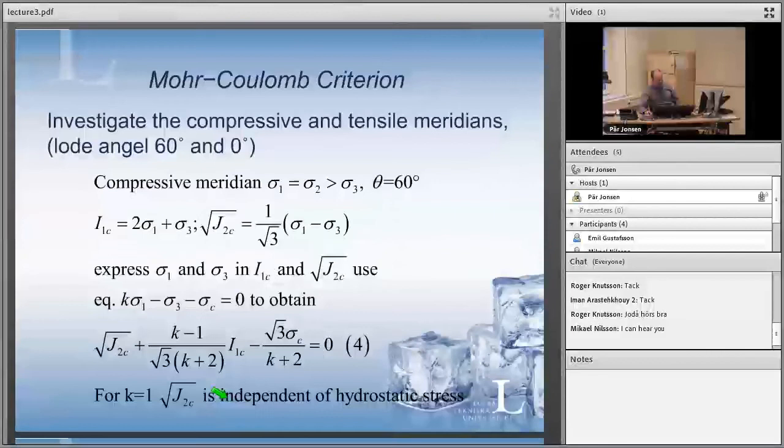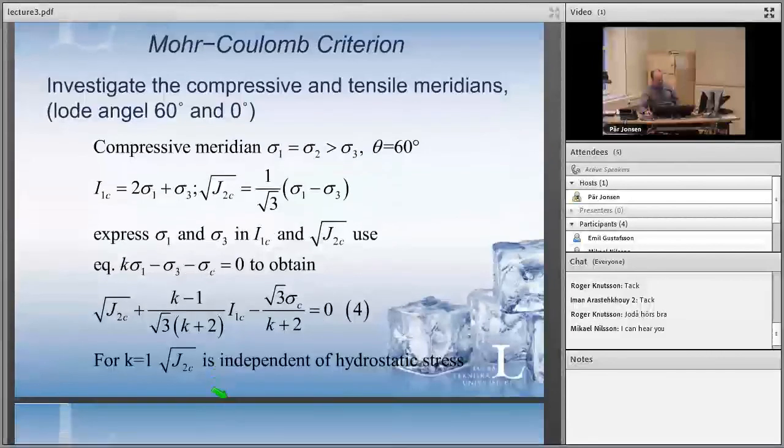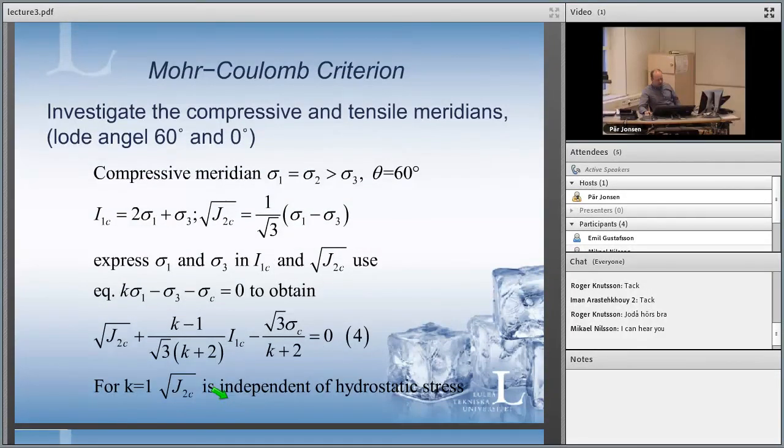Now, if you do this construction of your model, you can look at different loading types of the material. For example, going through the compressive meridian, where you have the same condition as before. Sigma 1 is exactly the same as sigma 2, but larger than sigma 3, and you have your angle of 60 degrees.